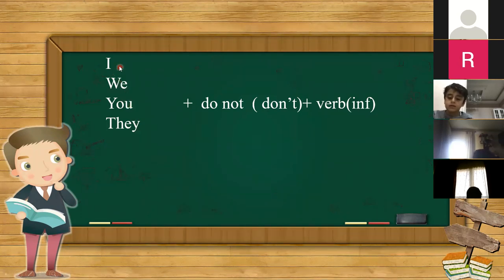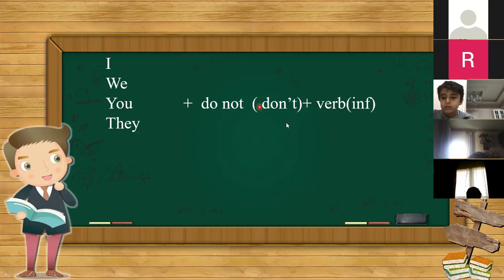But in the negative form, I, we, you, and they have a friend. Their friend is do not. Repeat after me. Do not, which is don't. So we have to say I don't, we don't, you don't, and they don't.